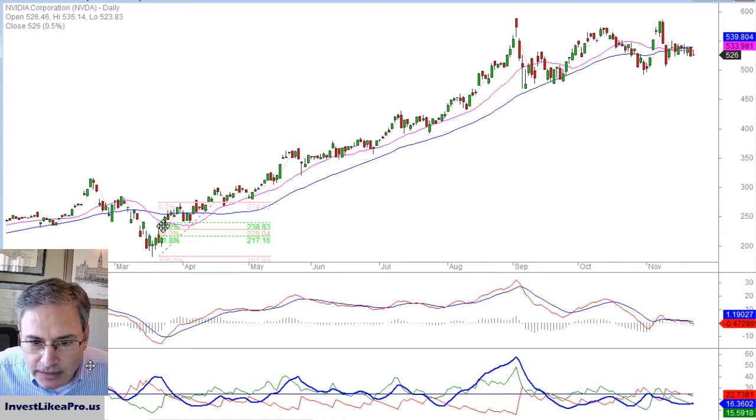So you had the initial thrust off the low, you pulled back right near the 18 on the daily chart, and that happened to be right at the 38% retracement. So that is really good confirming evidence. And if you notice, the 38% was just slightly above the 18.